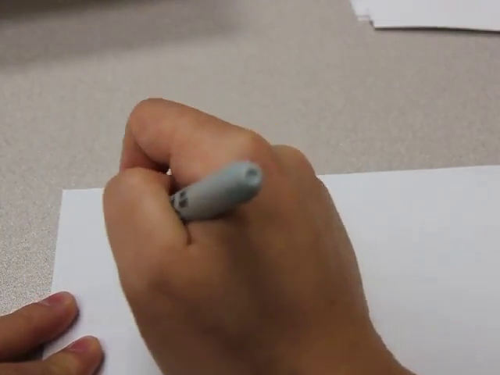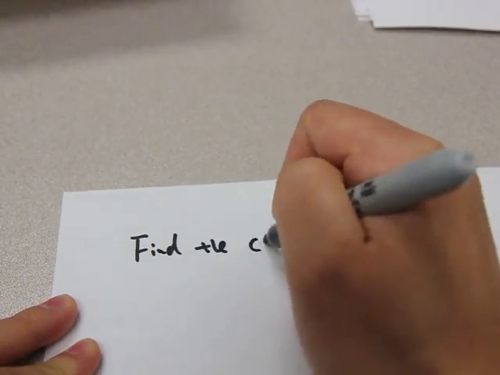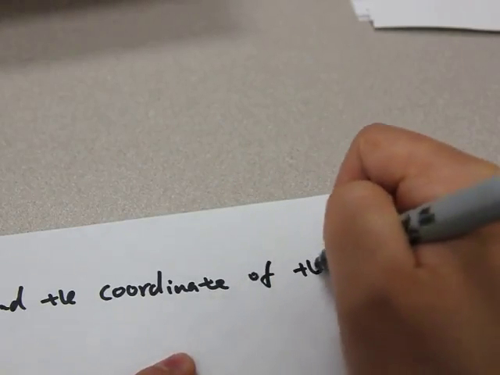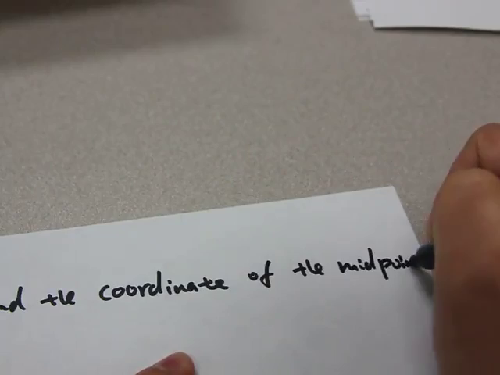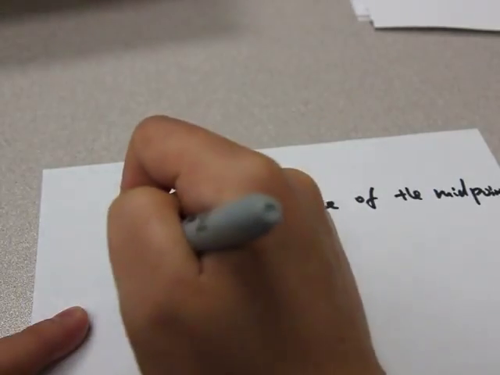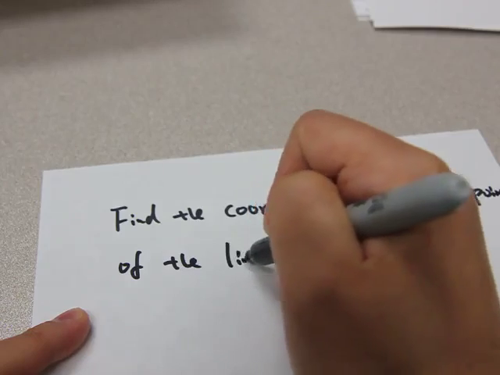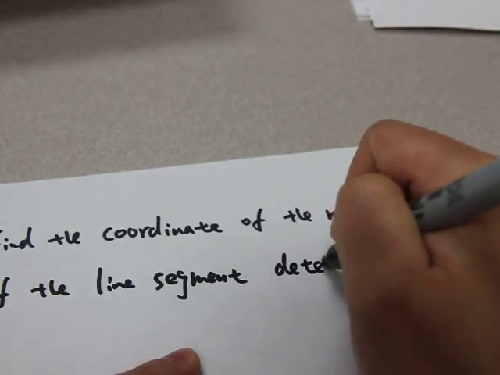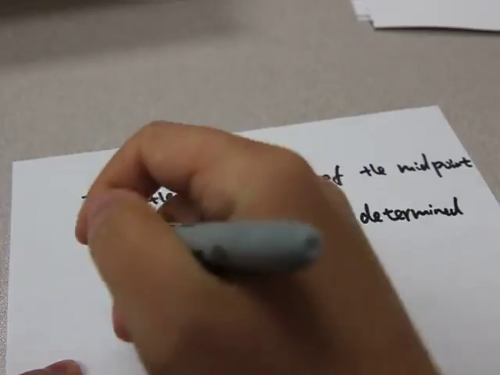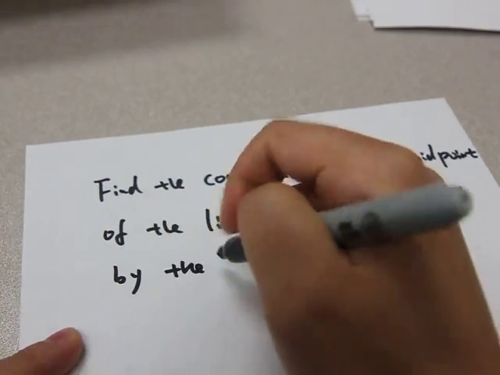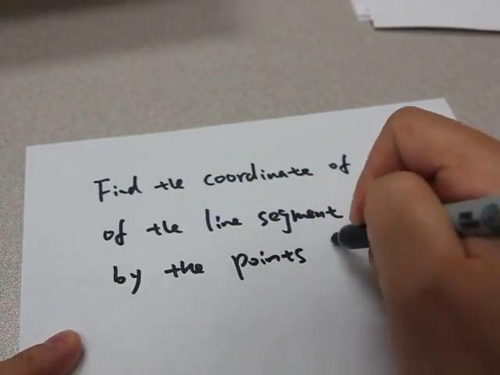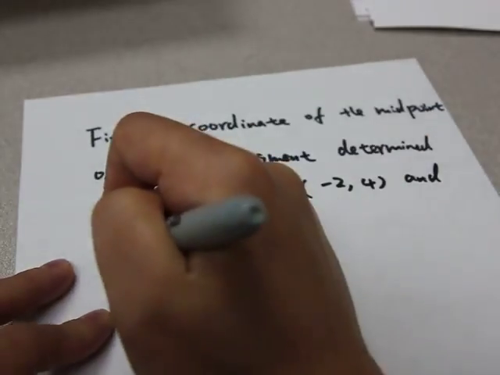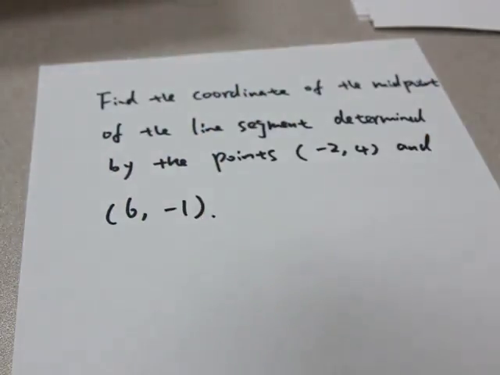Let's see, we want to find the coordinate of the midpoint of the line segment determined by the points -2, 4, and 6, -1.